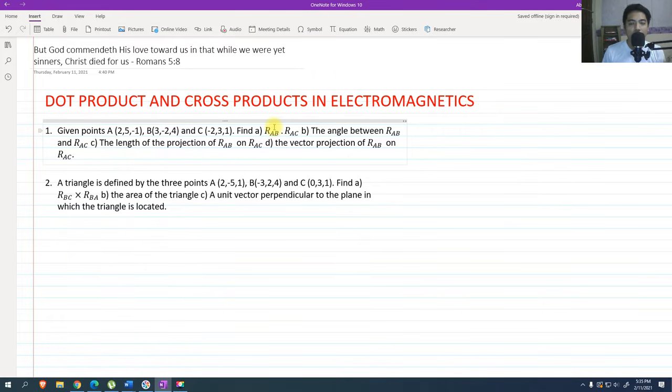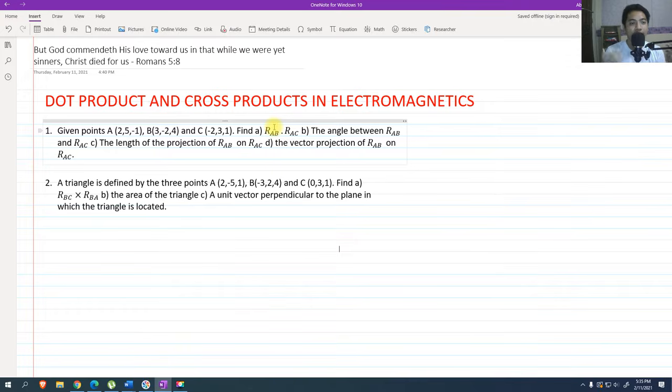The important thing that we should remember is that the dot product always results in a scalar quantity. So it's a number. It doesn't have any unit vectors in it. It's just a magnitude, a scalar quantity. Whereas for cross products, the result of a cross product of two vectors is a vector.